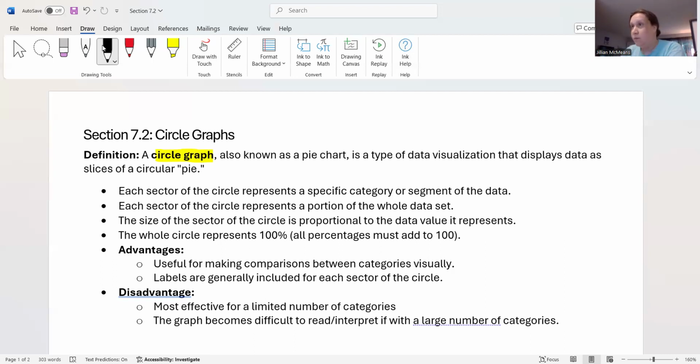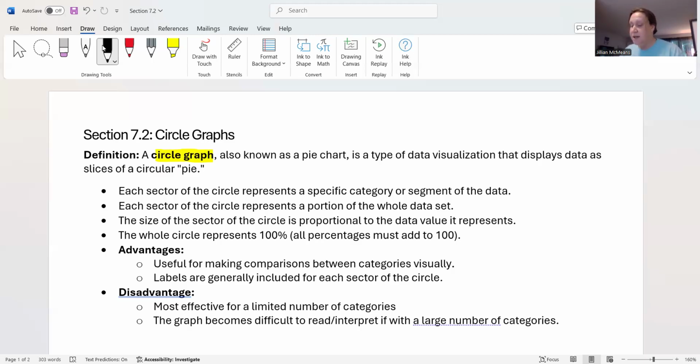So if 40% of your monthly budget goes to rent, then you're going to have a pizza slice that's 40% of your whole circle, or a pie slice, whatever you want to call it. The whole circle represents 100% of whatever the overall category is. So if we're talking budget, the whole circle represents 100% of your budget, and the little pie slices have to add up to that.